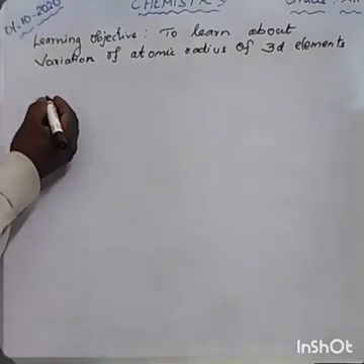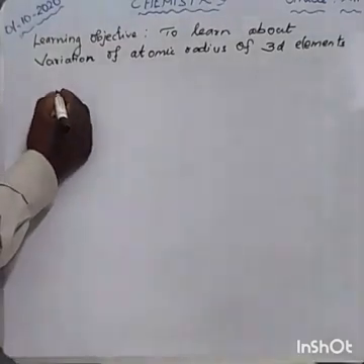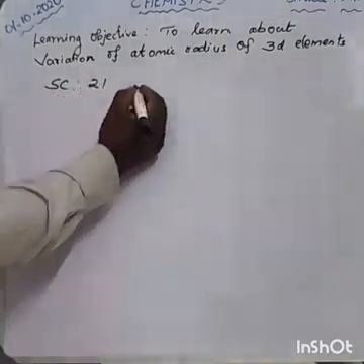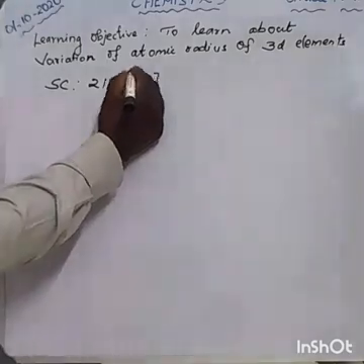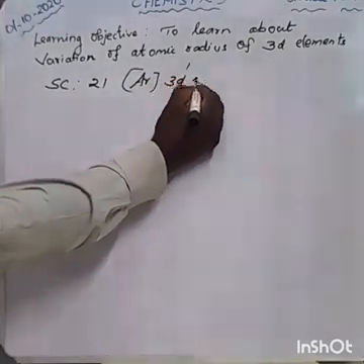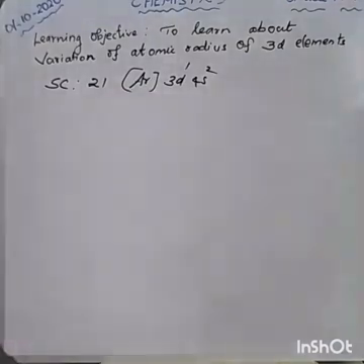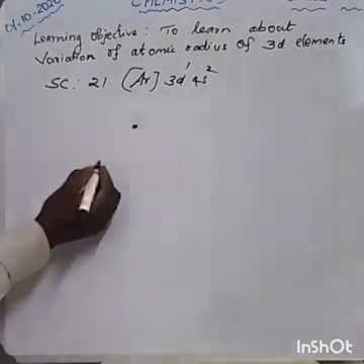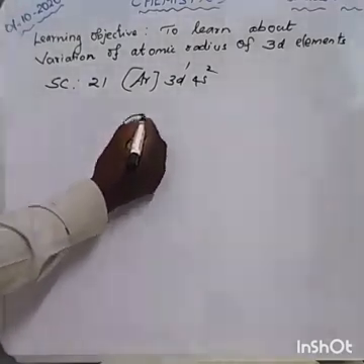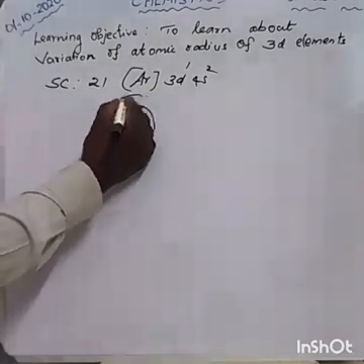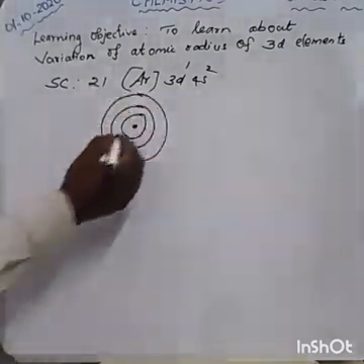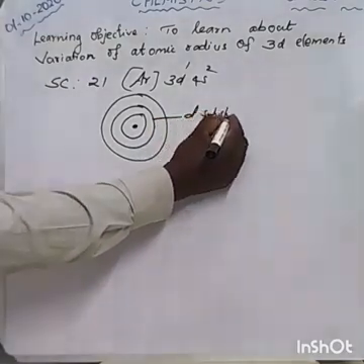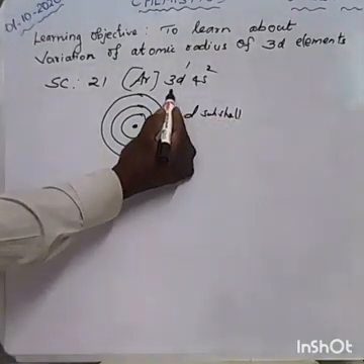We can write the electronic configuration for scandium. What's the atomic number? 21. Argon 3D1 4S2. Okay, this is the electronic configuration. For example, in the D subshell, how many electrons are there?